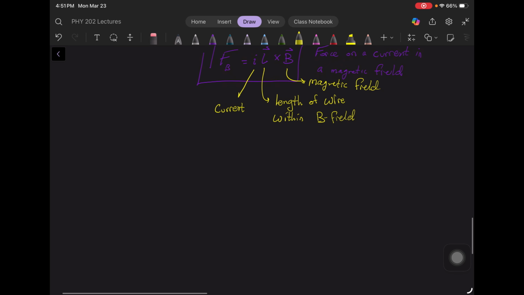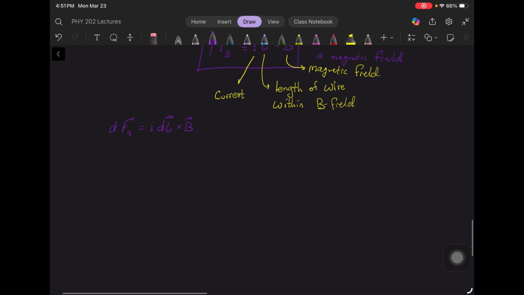And so we could say dF_B is going to be I times dL cross B. And so that's going to be the case that we don't have a nice perpendicularity, or if it's not a straight wire. Okay, and so that's all fine. That's good so far. And let's just keep on trucking.